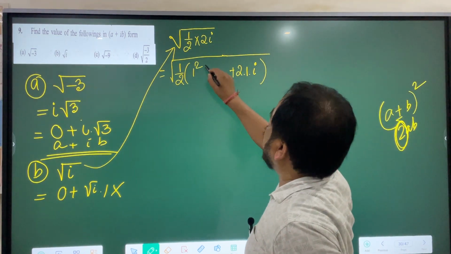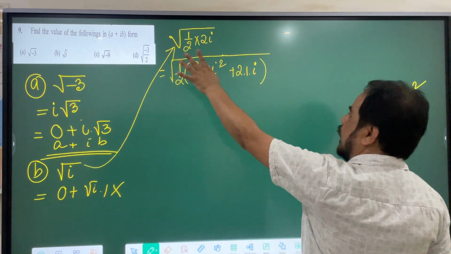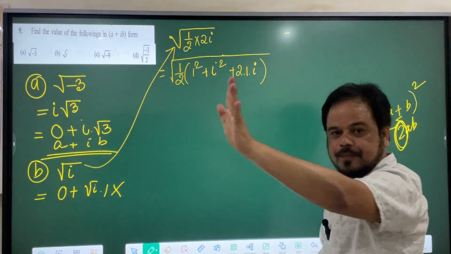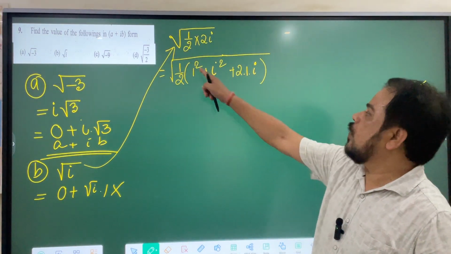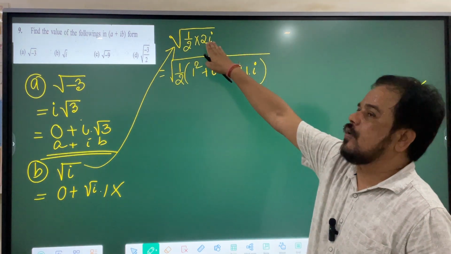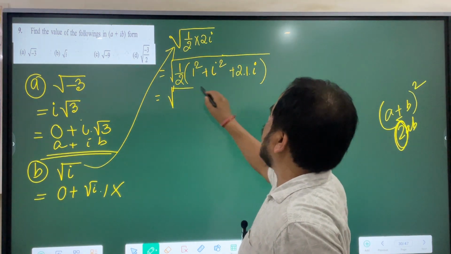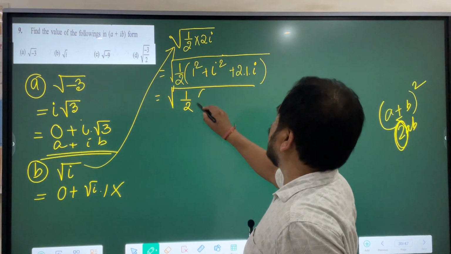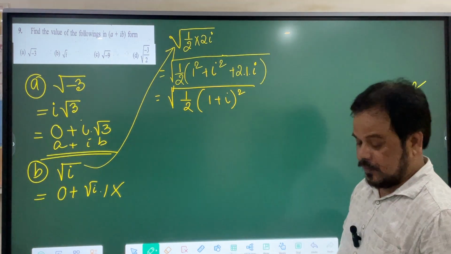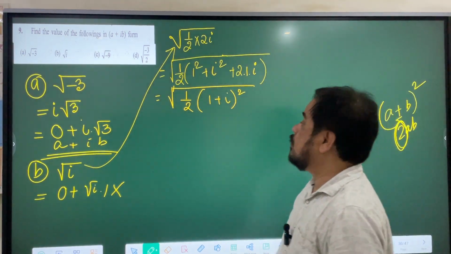Now, 1 square plus i square: 1 square is 1, i square is minus 1, 1 minus 1 is 0. So we have written nothing new. 1 minus 1 is 0, plus 2i is 2i only. 1 by 2 is as it is. Now 1 by 2, 1 plus i whole square you can write.